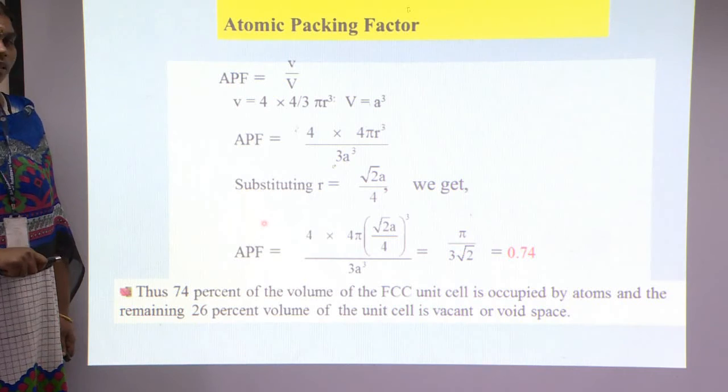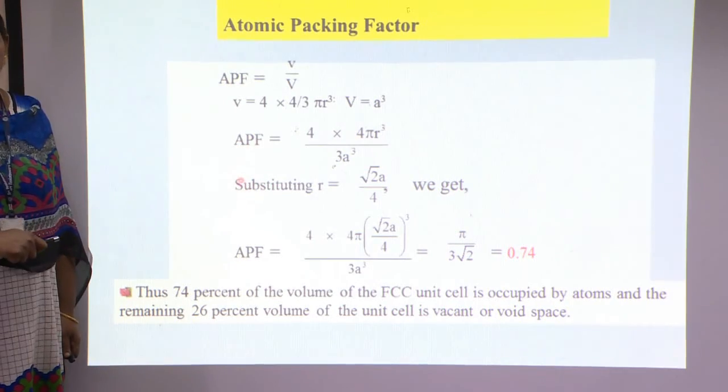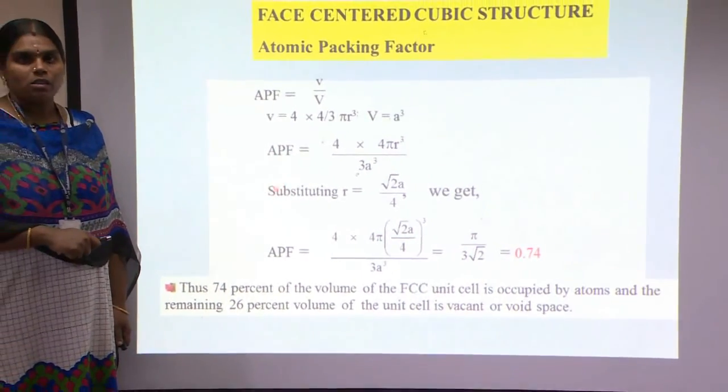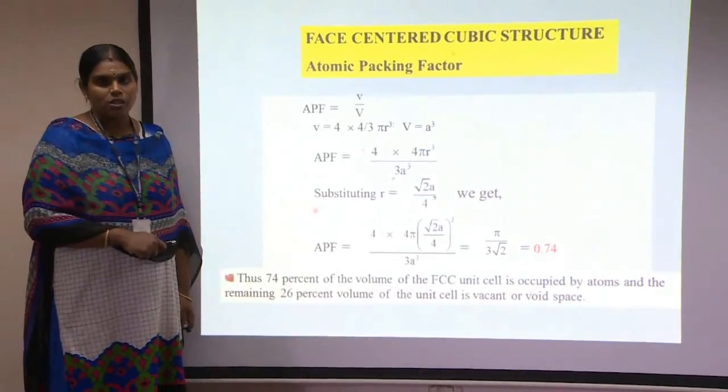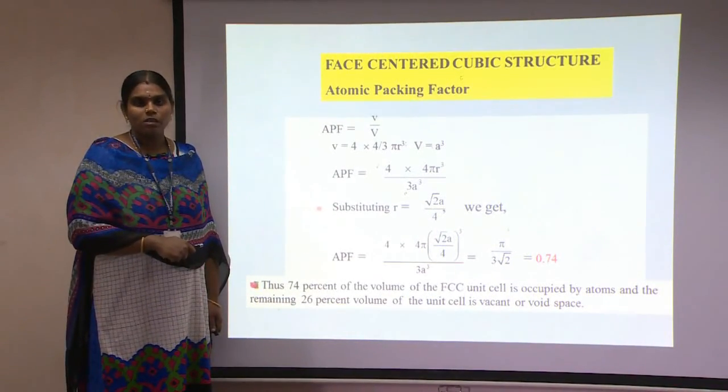This is what makes FCC a more closely packed structure among cubic structures, and most metals exhibit this property. It is called a closely packed structure and has the most applications when compared to other cubic structures.